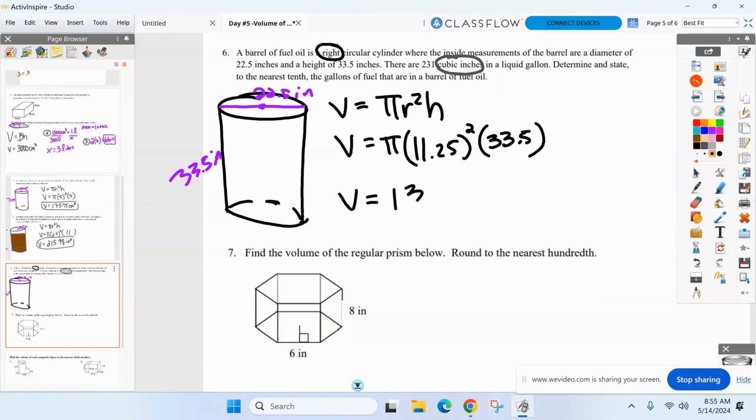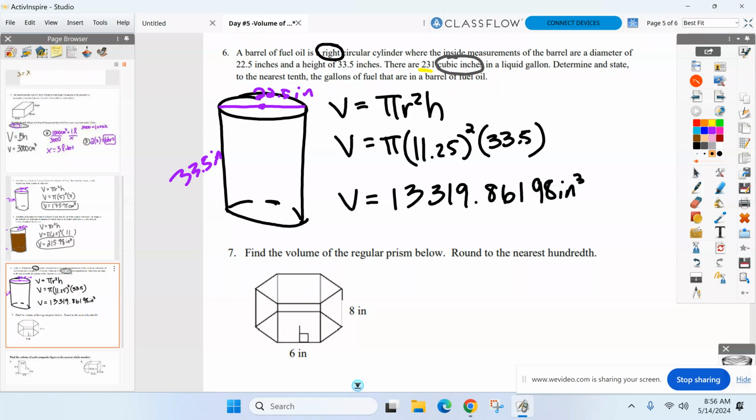So I'm getting 13,319 with some decimals. Now I got to convert that into gallons. Again, I don't know what to do with the 231. Do I add or multiply, divide? If you know, do it.